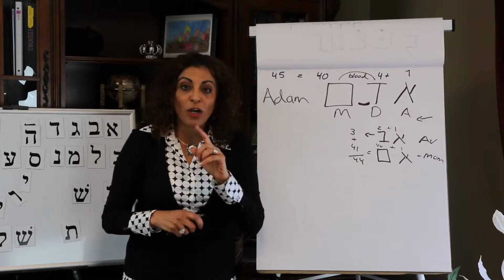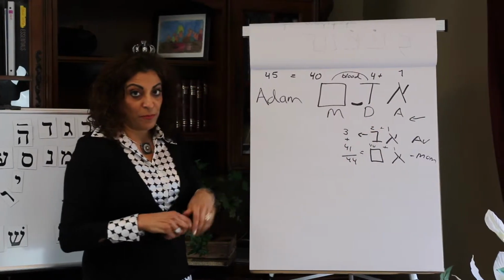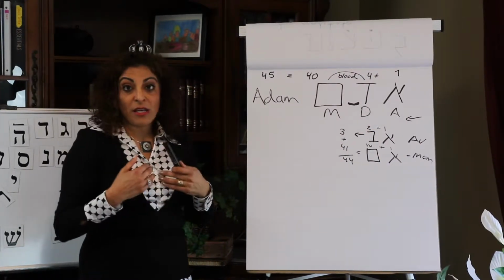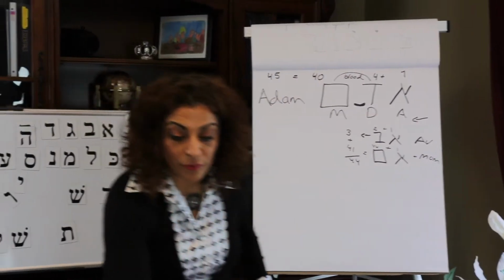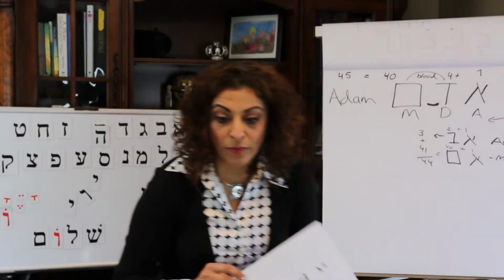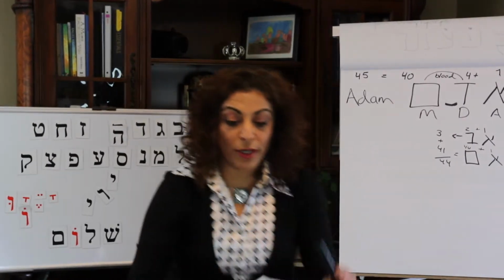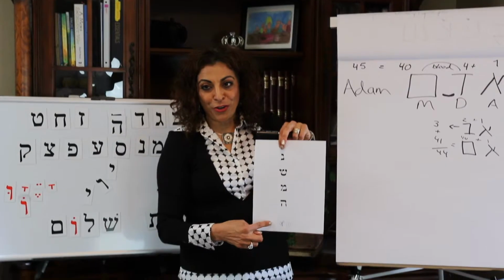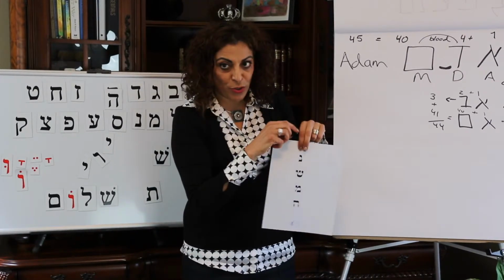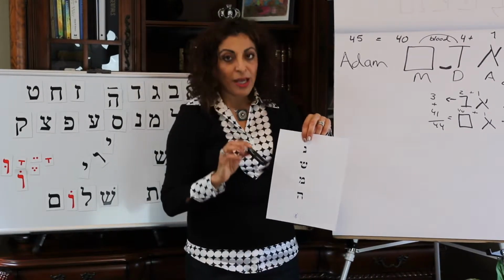Now, I want to talk about how inside the Adam, there is a neshama. Neshama, as a matter of fact, is this word right here. I just wrote it vertically down, but I'm going to write it horizontally as the real word.